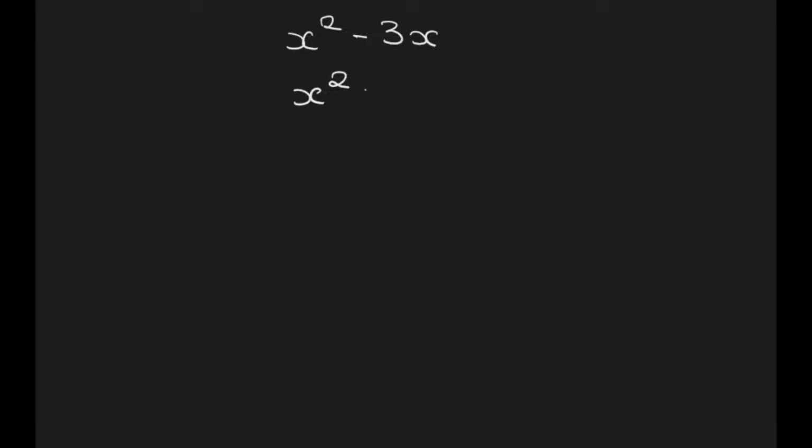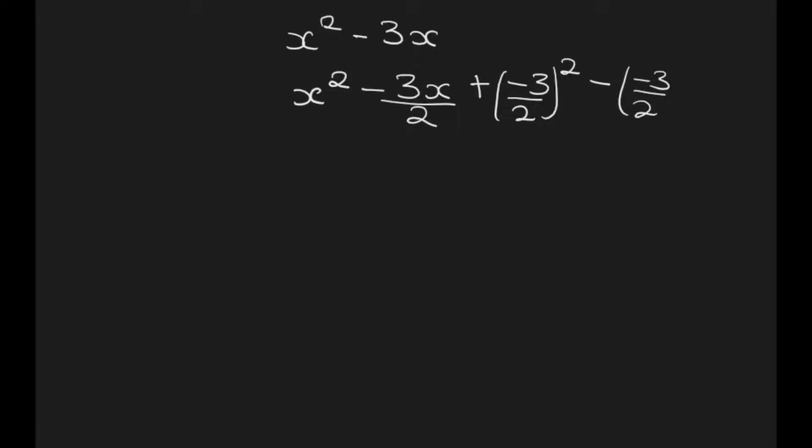And then we say minus 3x. We divide this whole term by 2. Then we say plus this whole term, that would be minus 3 over 2 brackets, then squared. Then minus again, minus 3 all over 2 bracket squared.